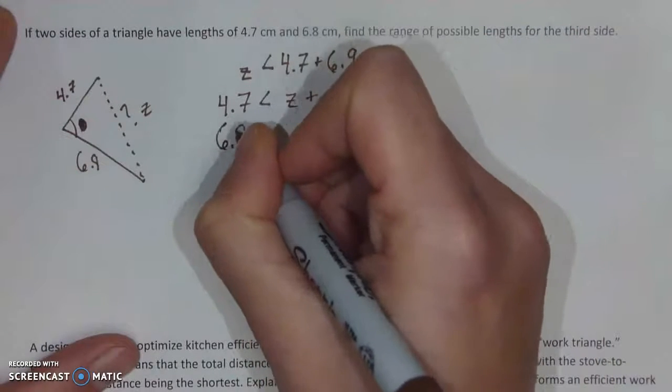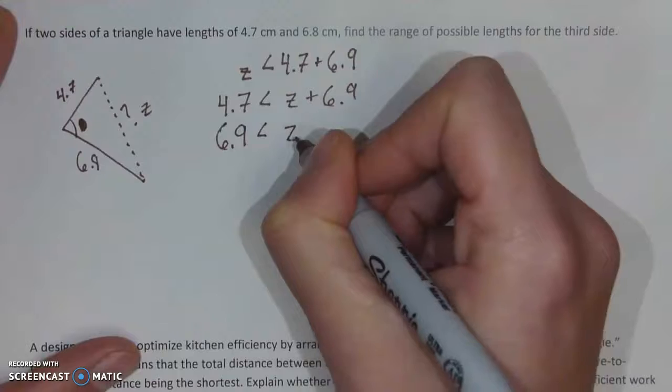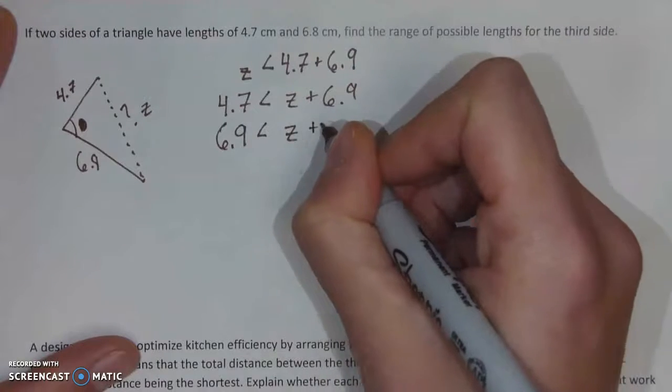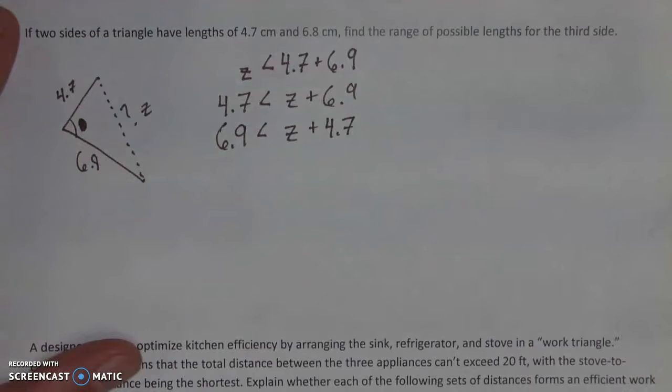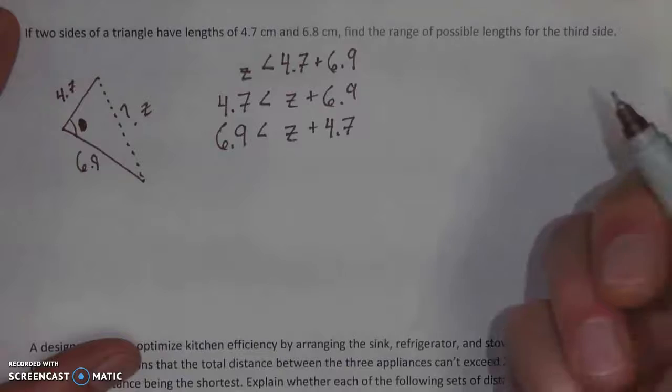And I know that 6.9 is going to be smaller than Z plus 4.7. So these are those 3 inequalities we found with our theorem. So all I need to do is use what I know about inequalities to solve for Z and get my range. We'll do this one at a time.